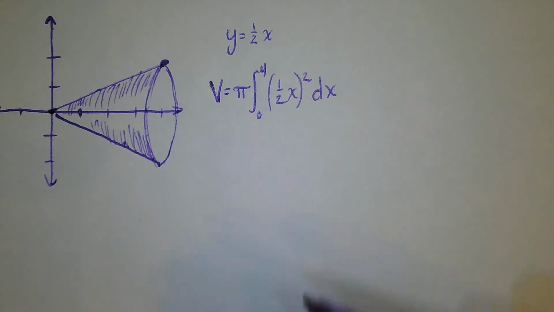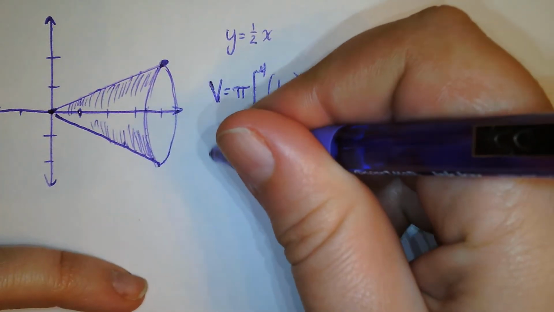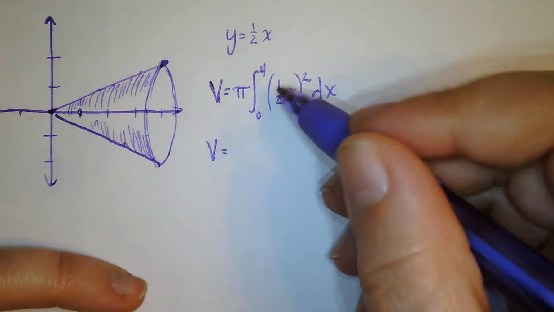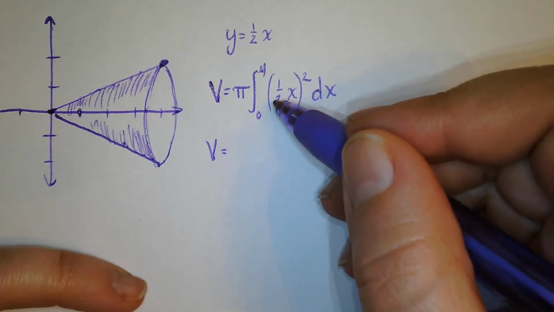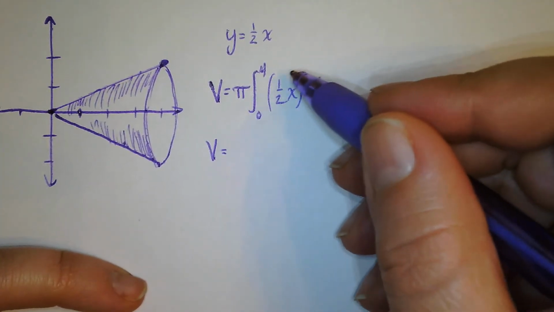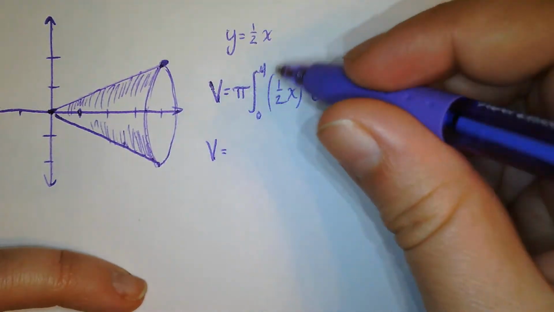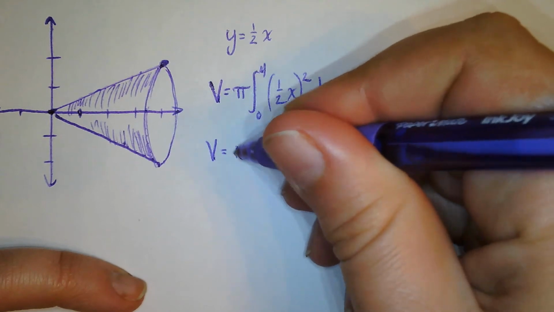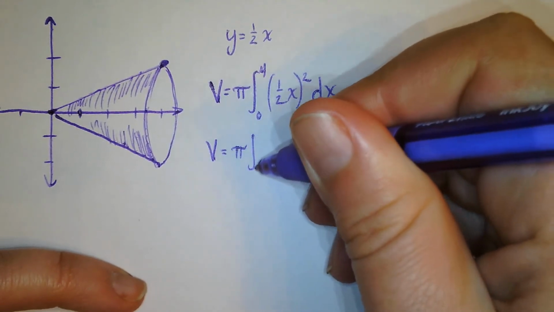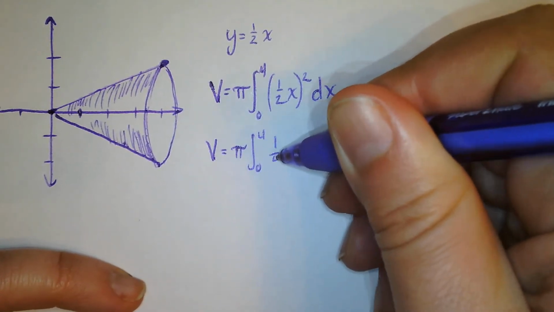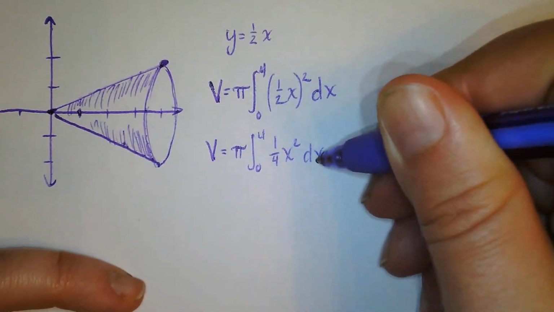All right, let's figure this out. 1/2 x squared is going to be 1/4 x squared once we square the whole thing. So the 1/4 will come out front; I'll do it in 2 steps. From 0 to 4, 1/4 x squared dx.